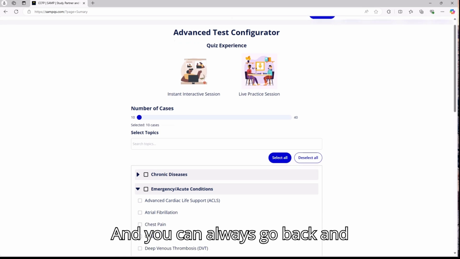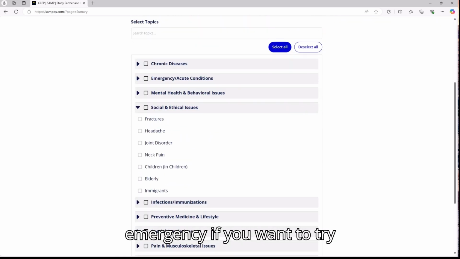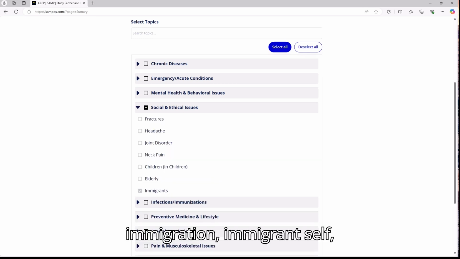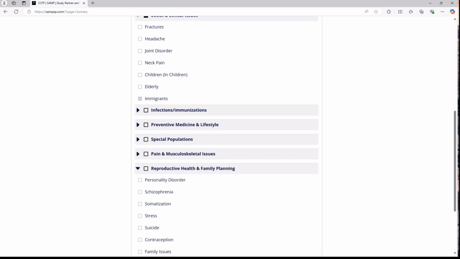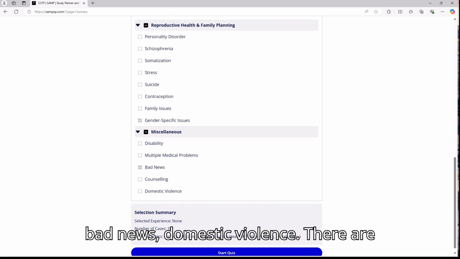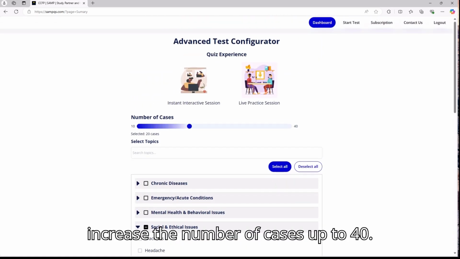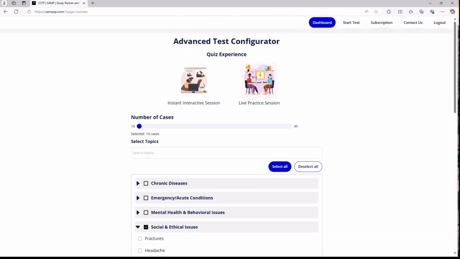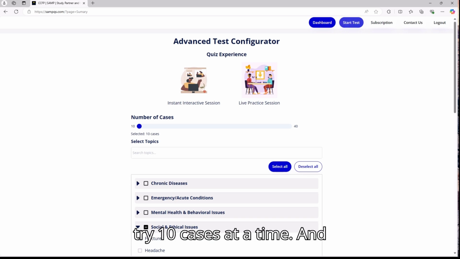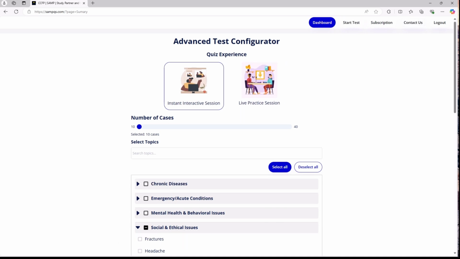And you can always go back and change from emergency if you want to try immigrant health, reproductive and gender specific issues, bad news, domestic violence. There are many cases, and you can increase the number of cases up to 40, but at this stage I advise you just to try 10 cases at a time. And you can start right away.